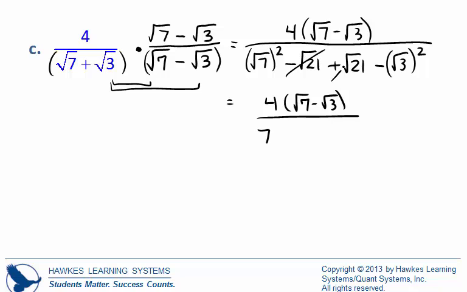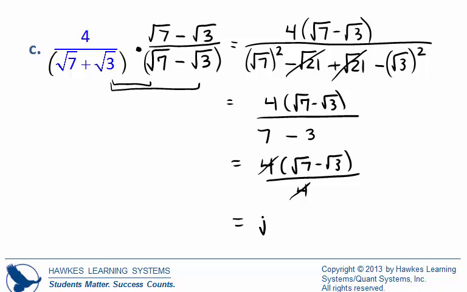These terms will cancel out because we have a positive and a negative. The square root of 3 squared becomes 3. And so we have 4 times the square root of 7 minus the square root of 3 divided by 4, and we can see now that these 4's will cancel, leaving me a final answer of the square root of 7 minus the square root of 3.